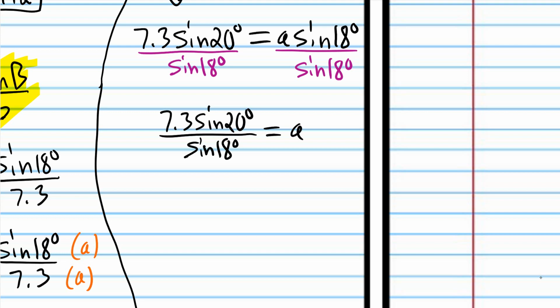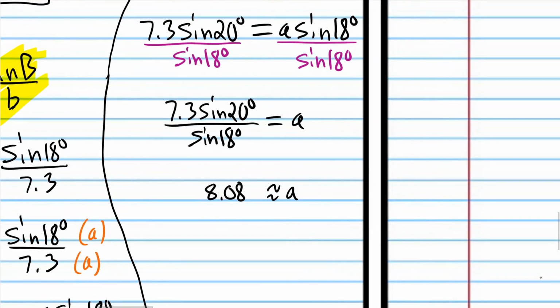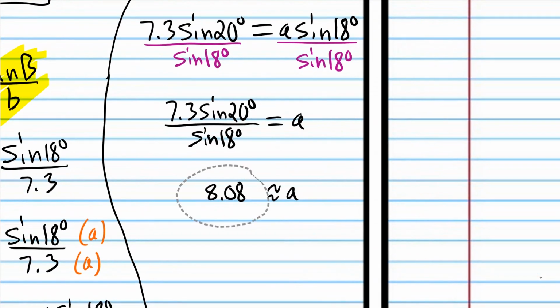Now, you should get approximately 8.08, and we're going to round off to the nearest hundredth, feet. Remember, you have to write your units. 8.08 feet.